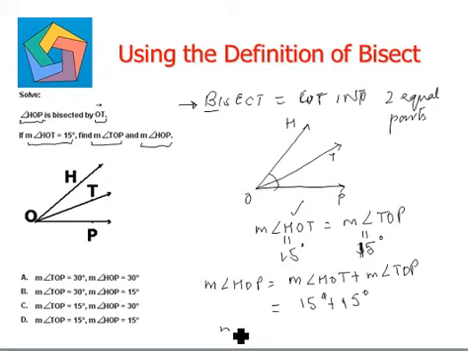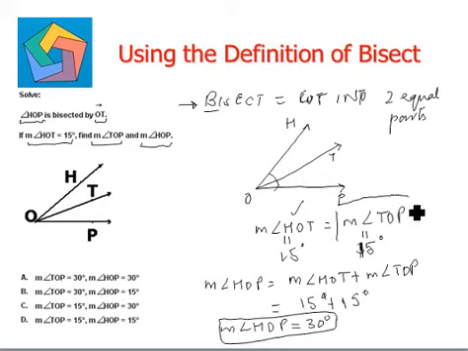Therefore measure of angle HOP is 30 degrees. These are the two values we were supposed to find: measure of angle TOP and HOP. TOP is 15 and HOP is 30 degrees. This can be seen in option C.